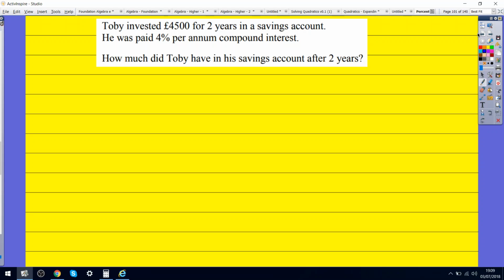Okay, how would we do this one? So that would be 1.04 squared, because it's 2 years, times 4,500.